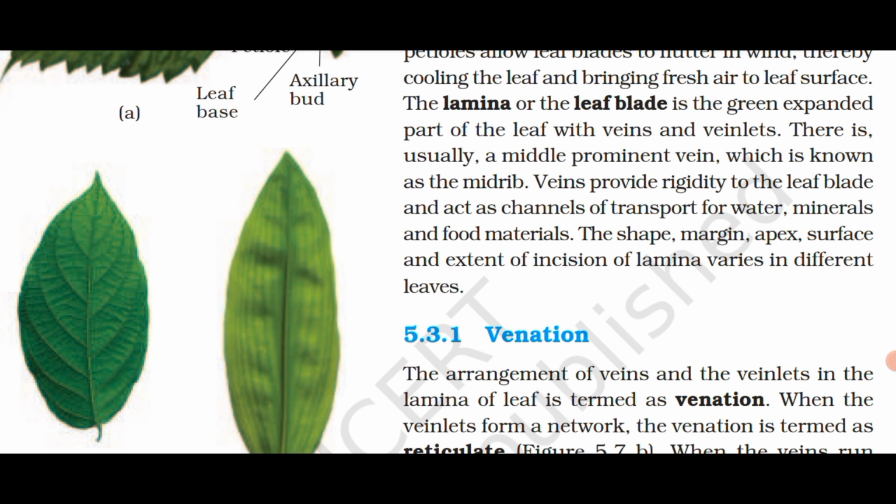Veins provide rigidity to the leaf blade and act as channels of transport for water, minerals, and food materials. The shape, margin, apex, surface, and extent of incision of the lamina vary in different leaves.